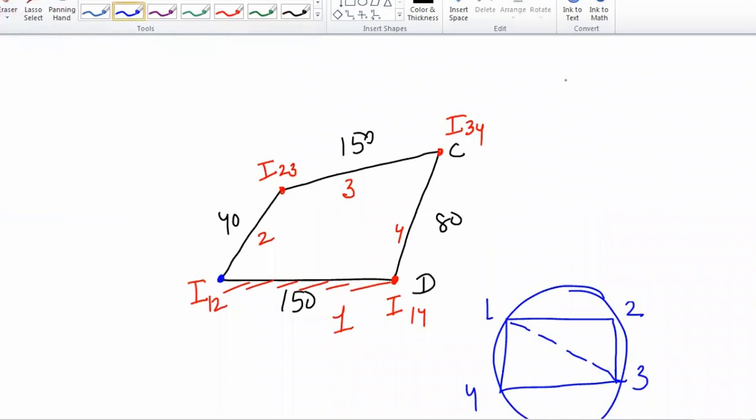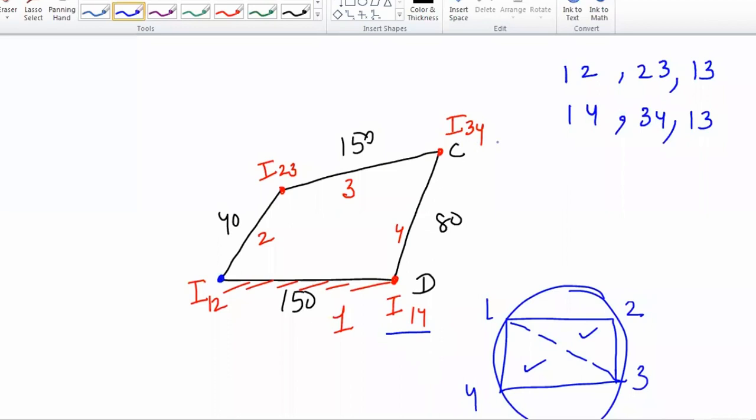I center numbers 1 2, 2 3 and 1 3 will be collinear. Correct? This triangle, this triangle. And similarly, I 1 4, 3 4 and 1 3 will be collinear by the bottom triangle.